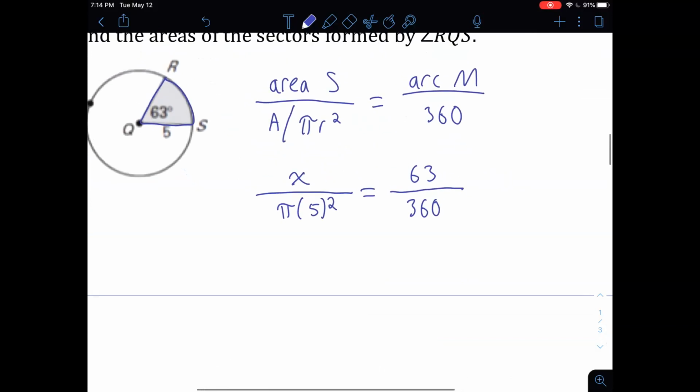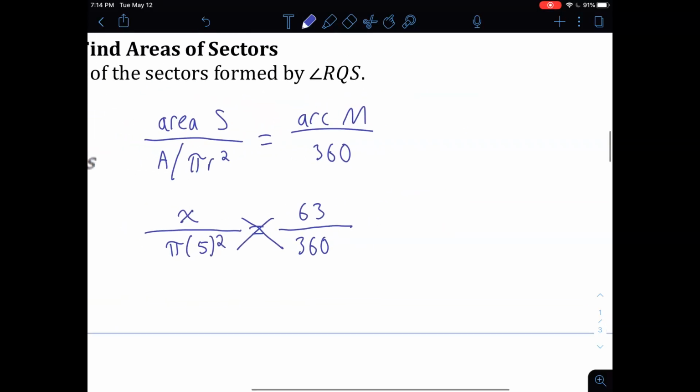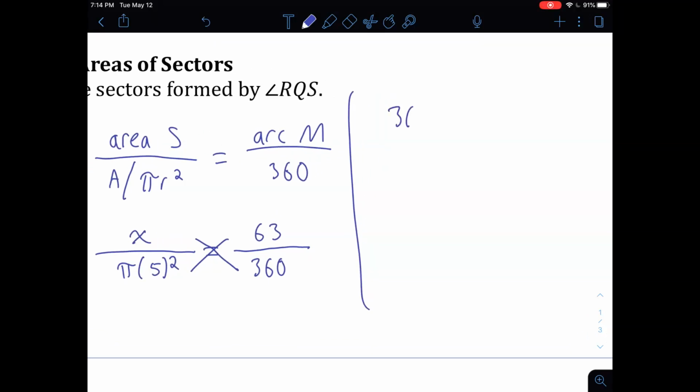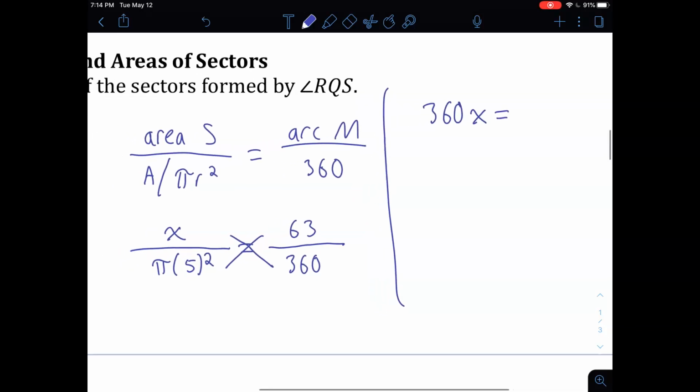Okay. And then now we need to cross multiply like we do for all proportions. So we're going to go like this. So we got 360x equals. Now what I would do, guys, is I would do 5 squared is 25 pi. I would multiply 25 times pi times 63 like this in your calculator.